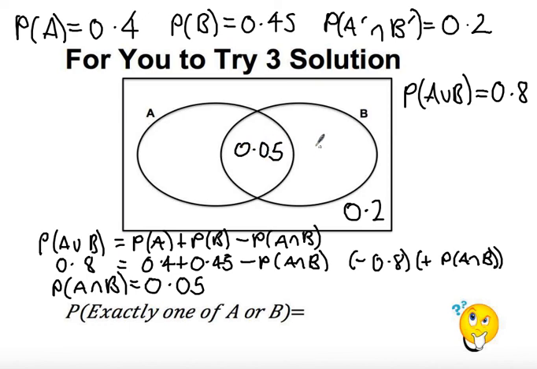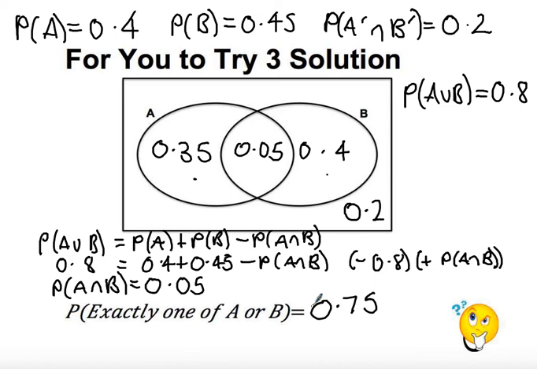The remaining part of B to add up to 0.45 must be 0.4. The remaining part of A to add up to 0.4 must be 0.35. And so then exactly one of A or B is going to be 0.35 plus 0.4, which is 0.75.